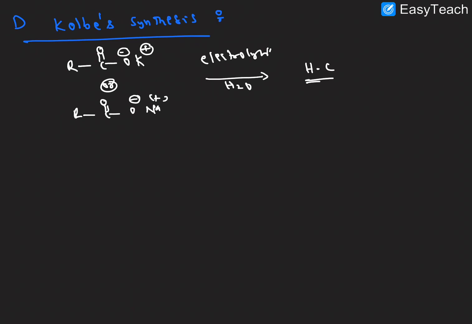We will get the saturated hydrocarbon, and we can get unsaturated hydrocarbon also, both we can get. Along with that, CO2 gas plus H2O plus 2 moles of base. So this is common for all the reactions.